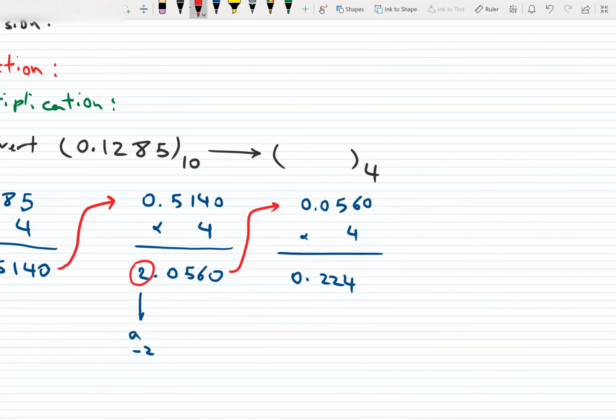The answer is 0.8960. Again, keep this 0 as our result for a minus 4 and continue.